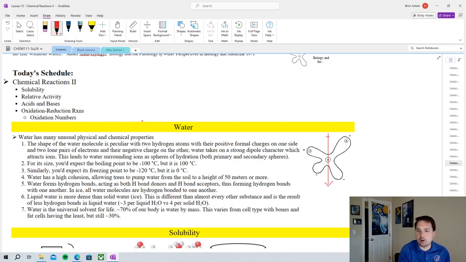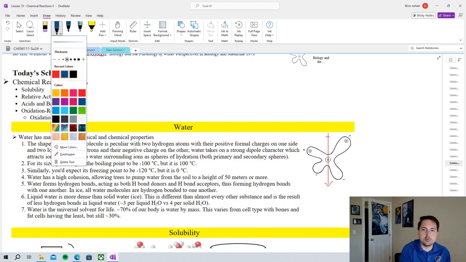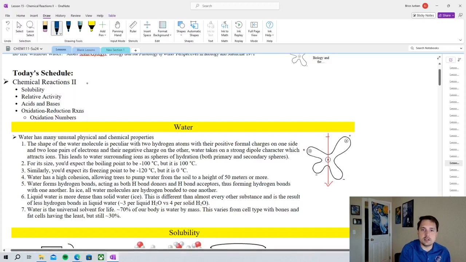So if I were to draw another water molecule here, well, let's draw it this way. So I'll switch over to blue, and we'll draw some water molecules up here, and we'll put the lone pairs like that. And if there's another water molecule nearby, it's going to want a hydrogen bond.